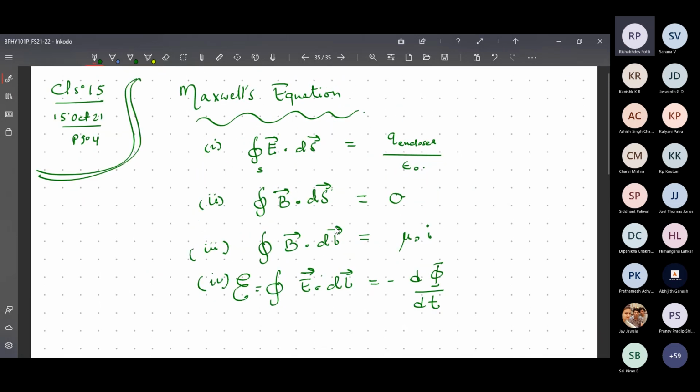Especially this one. Other things are not related to Ampere.